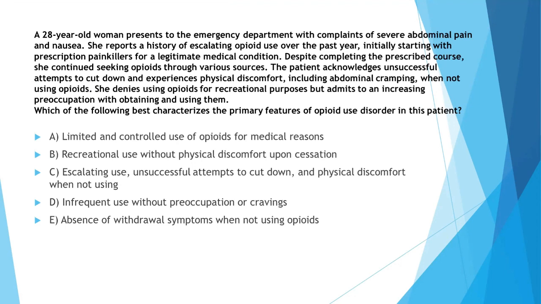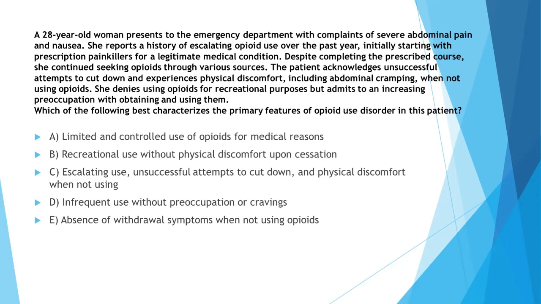Despite completing the prescribed course, she continued seeking opioids through various sources. The patient acknowledges unsuccessful attempts to cut down and experiences physical discomfort, including abdominal cramping, when not using opioids. She denies using opioids for recreational purposes, but admits to an increasing preoccupation with obtaining and using them.